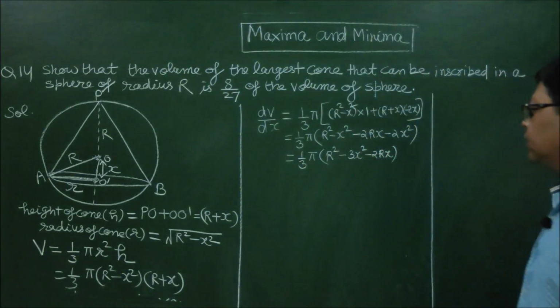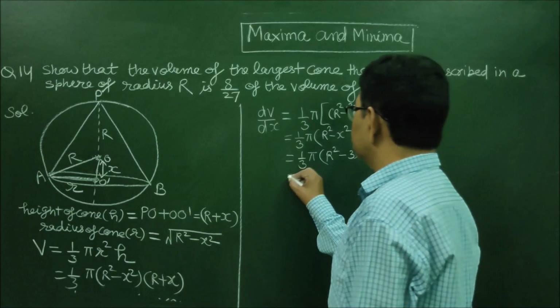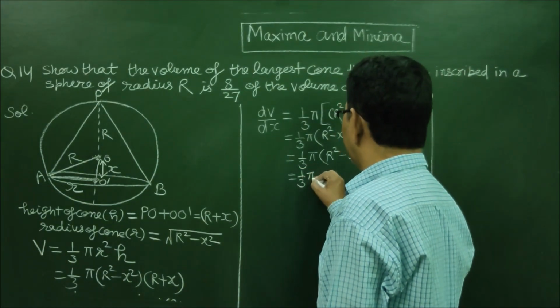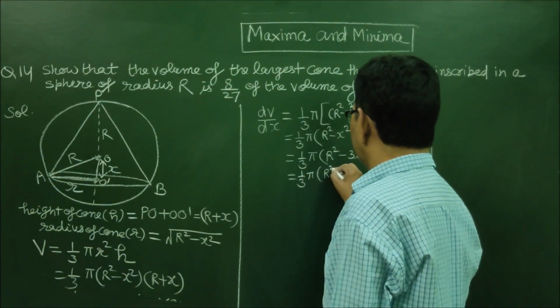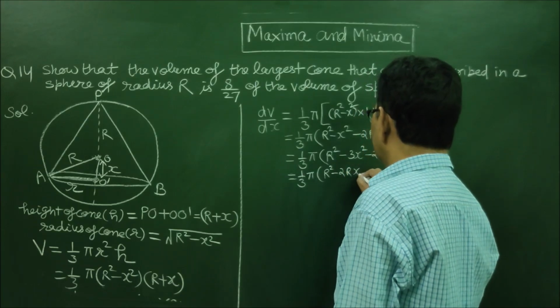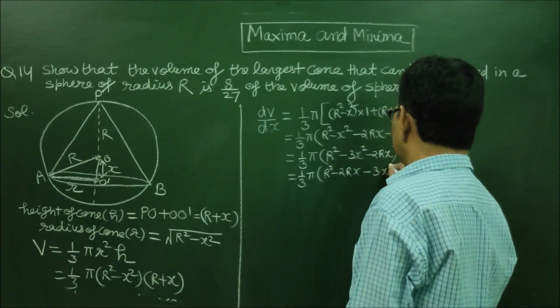On rearranging the terms, we can write this is equal to 1 upon 3 pi r square minus 2rx minus 3x square.